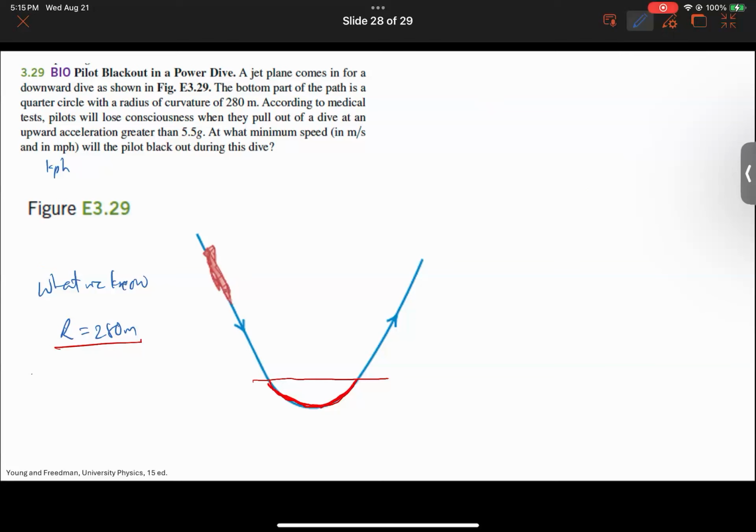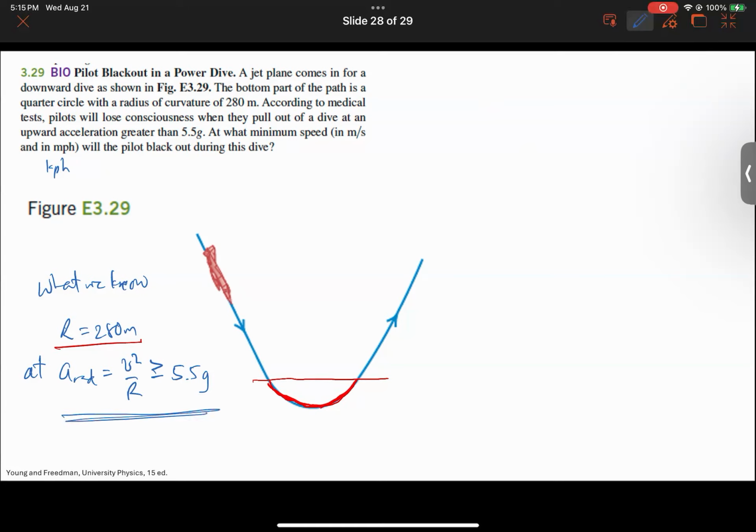Ano pa yung ibang alam natin? So ang radial acceleration is v squared over r, and if it is at least 5.5 g, or greater than 5.5 g, then mag-blackout yung pilot.